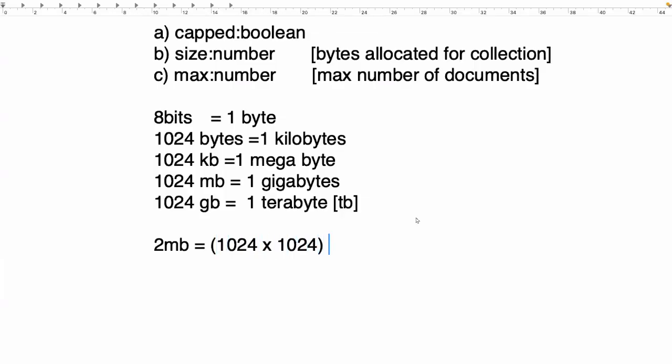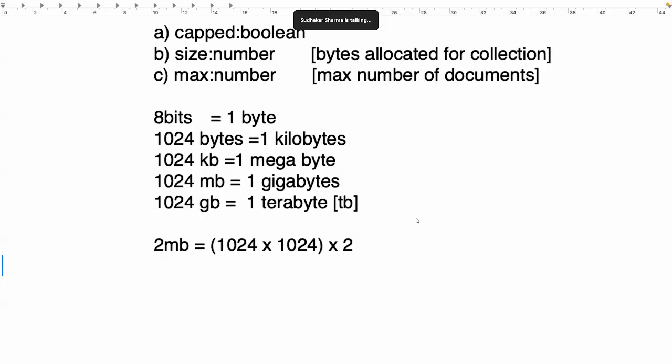Into 2 gives 2 MB. 1024 kilobytes into 1024 kilobytes is 1 MB, and 1 MB into 2 is 2 MB, and 2 MB into 4 and so on.